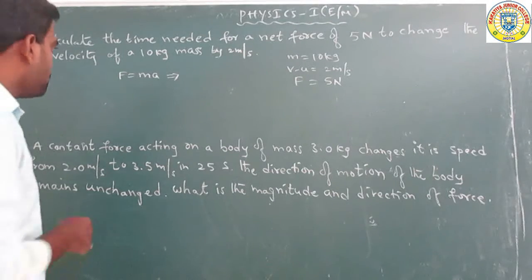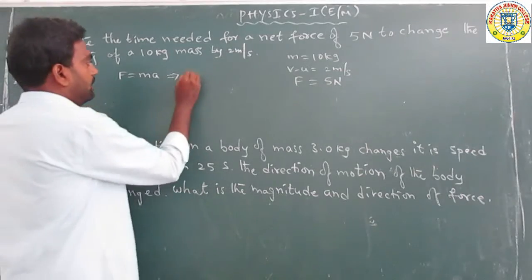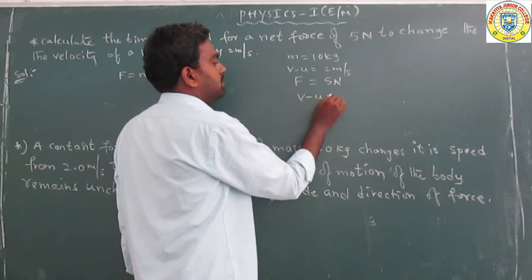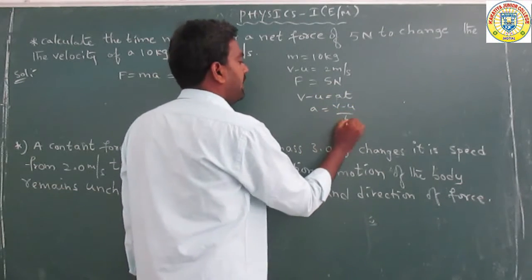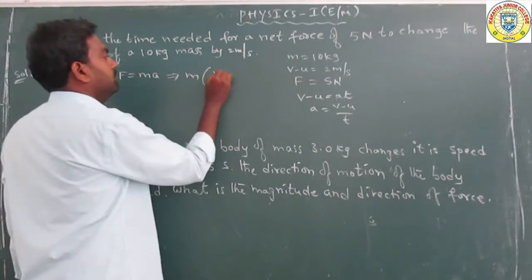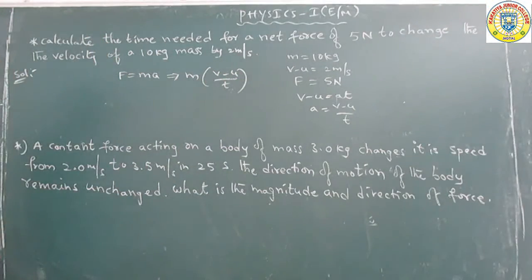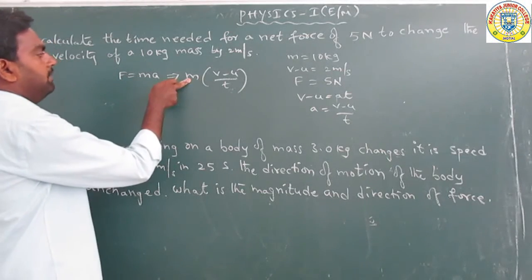Got it? According to Newton's second law, F = ma. Using the kinetic equation, v - u = at, so a = (v - u)/t.